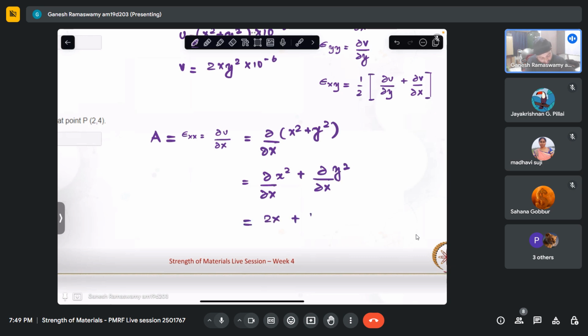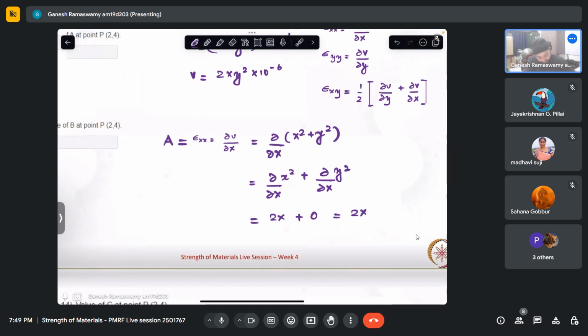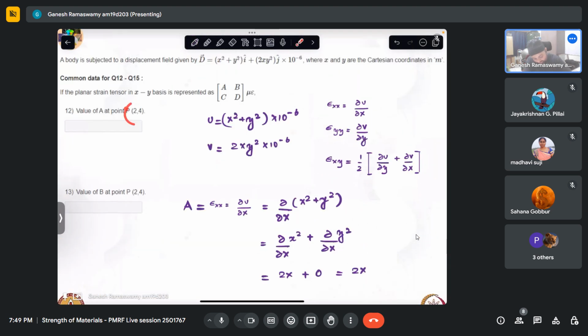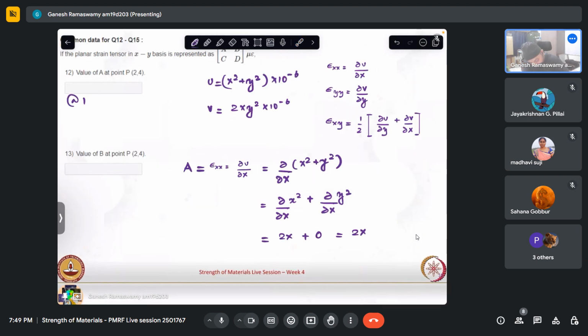Now we have been given the point where we have to substitute. At point P, x coordinate is 2, y coordinate is 4. So at point P, epsilon xx is nothing but 2x, which is 2 into 2, which is 4 microstrain. Naturally, I missed out into 10 power minus 6. So this will be 4 into 10 power minus 6 microstrain.